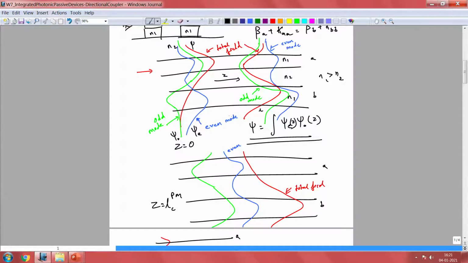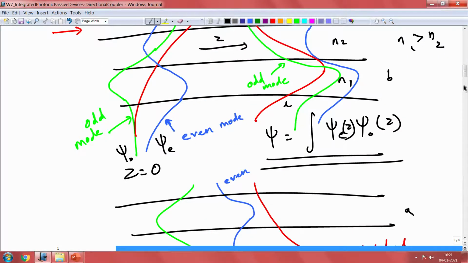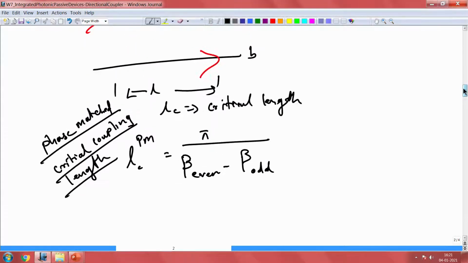What does it take for the wave to go from one waveguide to the other waveguide? It should have achieved the complete phase shift, a complete pi phase shift. That is what we want, and that is given by this particular relation. So, the coupling length is pi divided by beta even minus beta odd, which is not difficult to find. So, we can easily find it out, or in other words it will be pi to pi here.